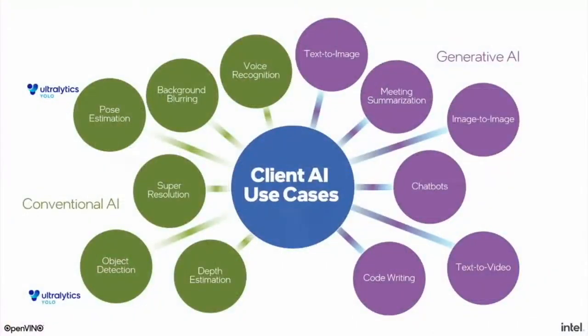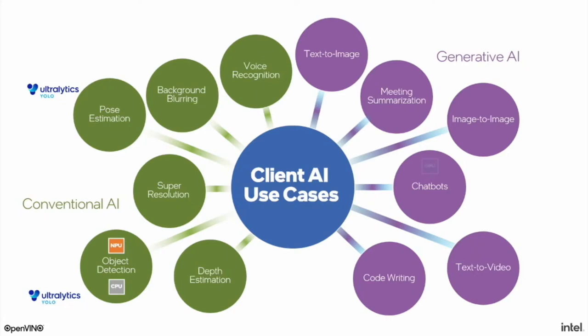So let's talk a little bit more about the model. You saw this slide already, and basically using OpenVino, you can decide yourself which model to deploy to which AI engine. For example, object detection with the YOLO Ultralytics model can be run on NPU, or on the CPU, or on GPU as well.